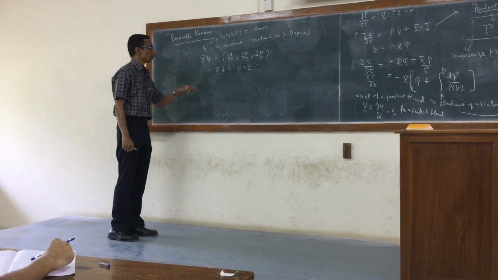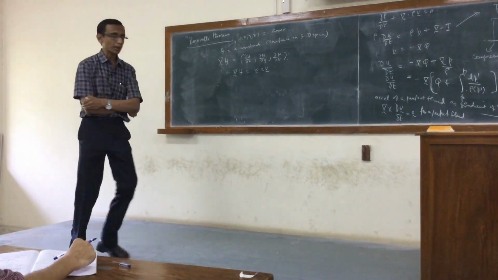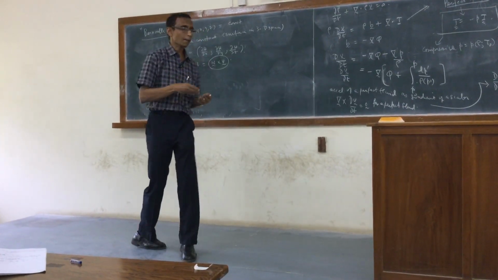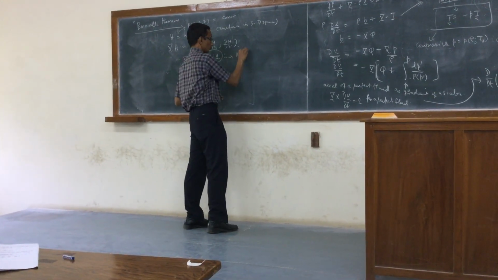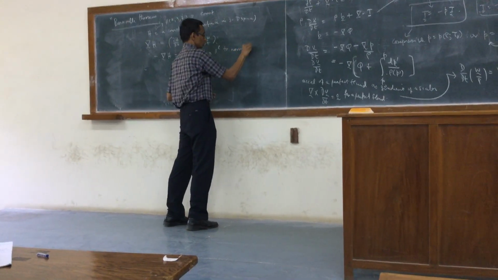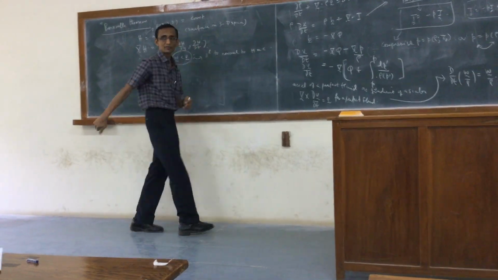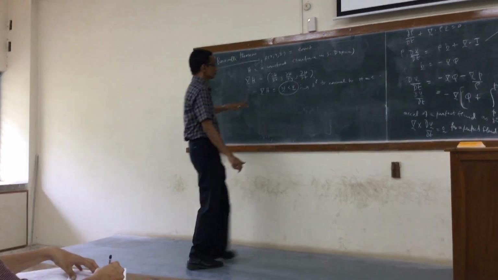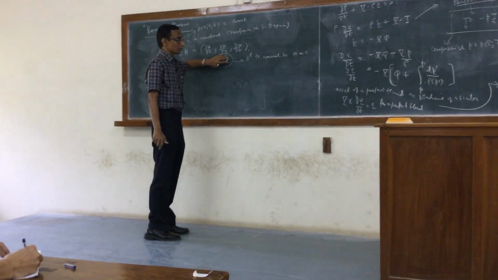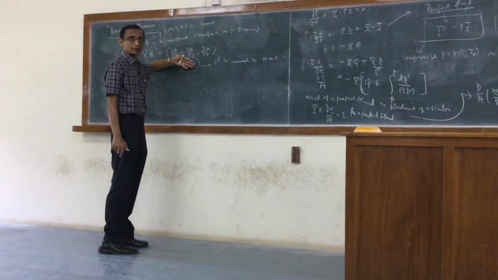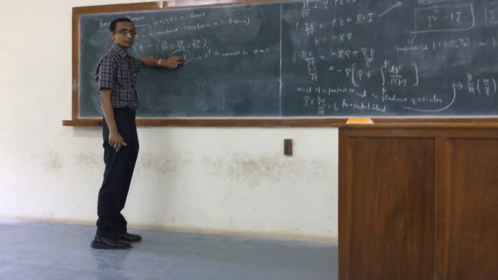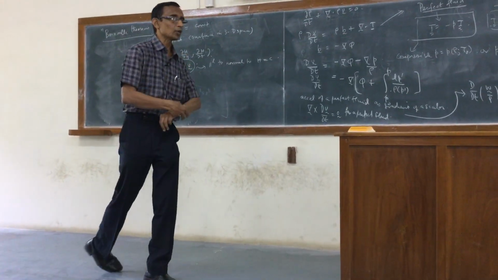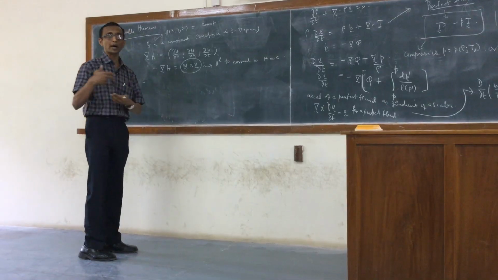So what can you say about the quantity w cross v? That will also be parallel to the normal to the h equal to c surface. Right? So if that is normal, that is parallel to the normal, so that would also be normal effectively. But what can you say about w cross v with respect to w and v?